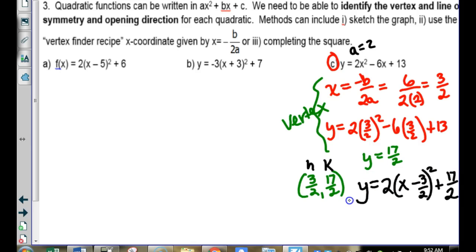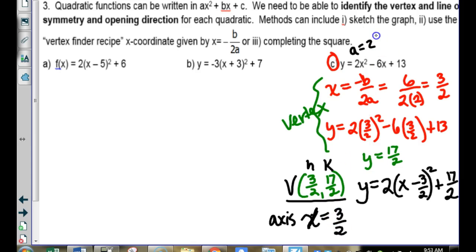All right, what does it say? We need to identify the vertex, yes? So the vertex was here, we already got that. And then it said sketch, oh, the axis of symmetry. x equals, do you remember the axis of symmetry? x equals what? 3/2.